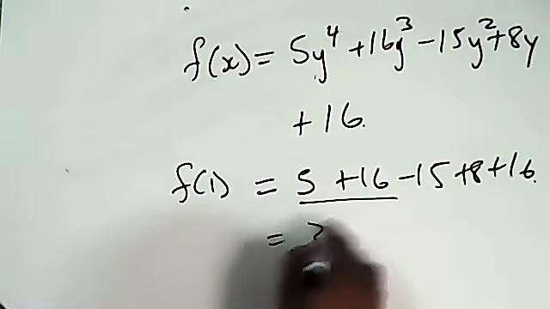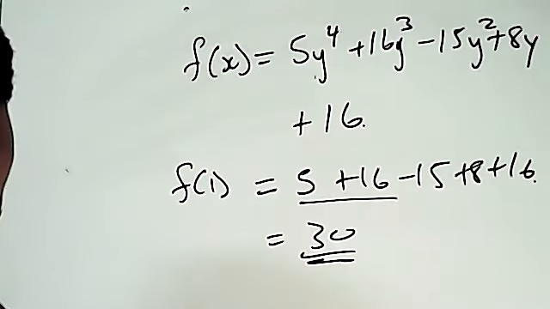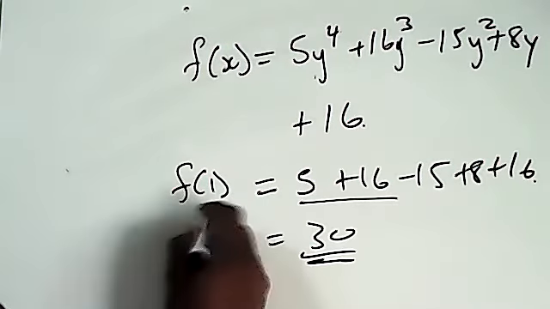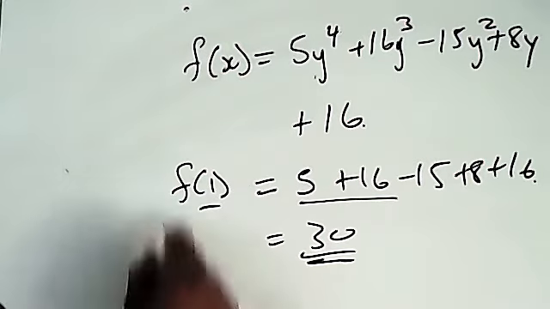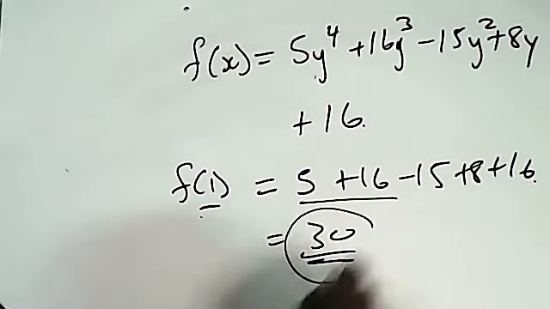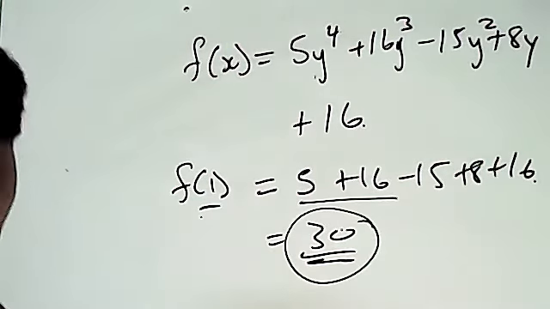So it means that 30 is your remainder. Is 1 your factor? No, we only said this will be a factor only if it will give us a remainder of 0. I hope that makes sense and I'm not confusing you.